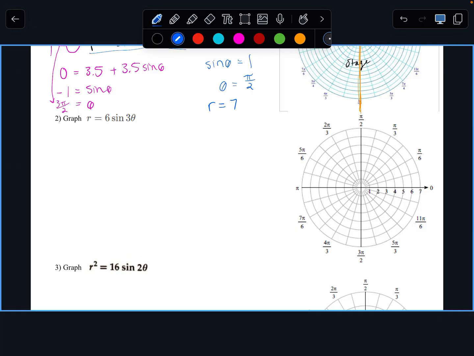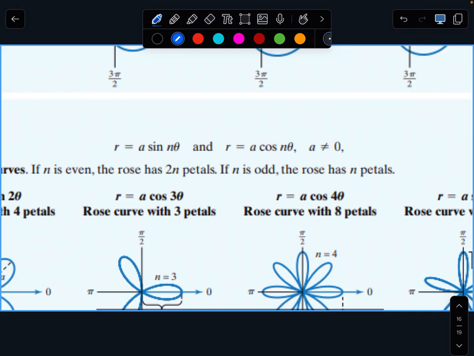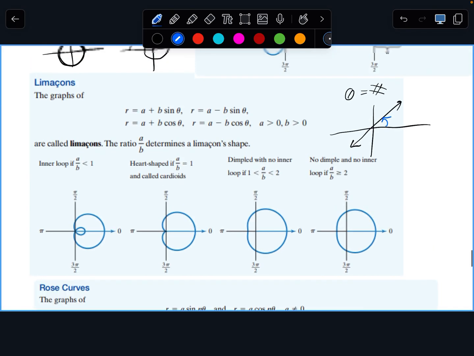Yeah. So when you first looked at the equation, what was the first thing that made you realize that there were roses? The first thing was there was a 3 in front of the theta because all the roses have numbers in front of the theta. And it had an amplitude. It's in this form. So all rose curves are in this form.